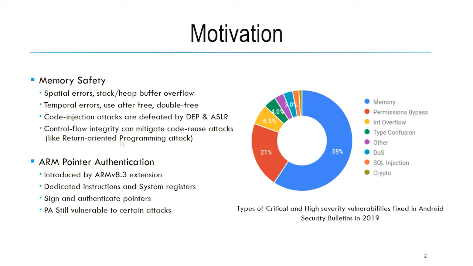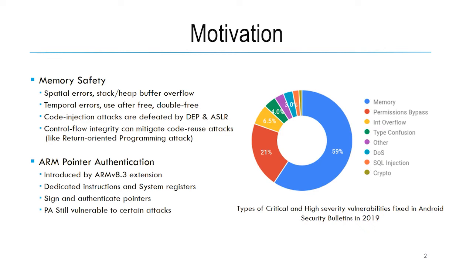Code reuse techniques, like return-oriented programming, allow the attacker to reuse existing code fragments in memory and manipulate them to launch powerful attacks. In order to defend against such attacks, control flow integrity was proposed to sign pointers, like return addresses and function addresses. However, software implementations of CFI are limited by high performance overhead, and hardware-assisted ones require underlying processor architecture changes.